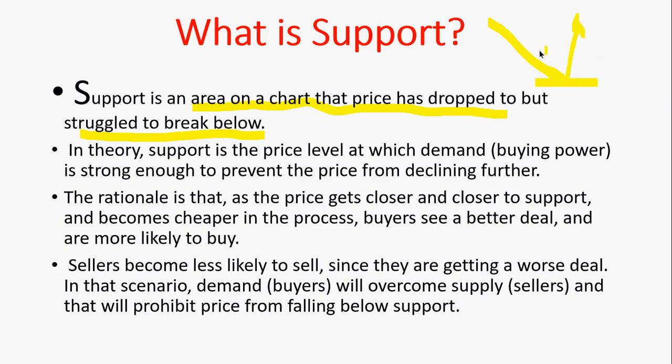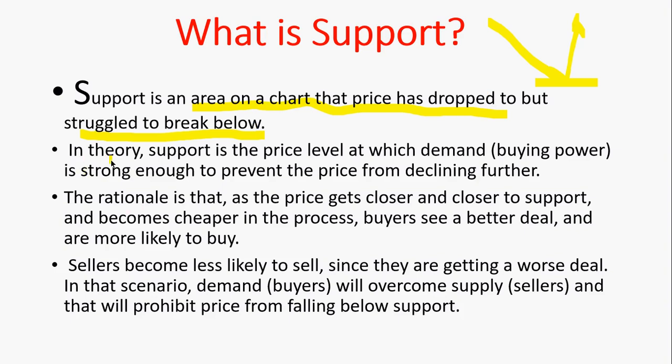It has struggled to go through, but it has bounced. So support is an area where once the price reaches that particular point, it bounces back. It struggles to break below. That is support.